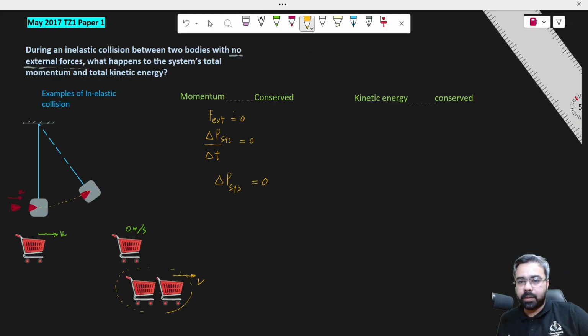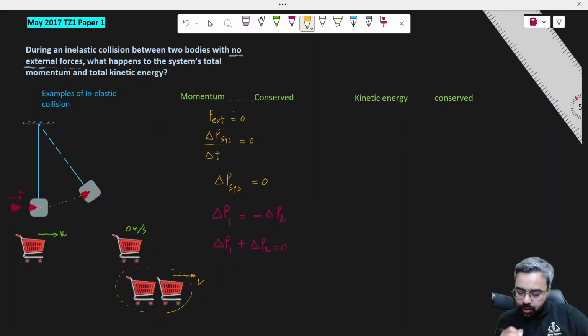So if the change of momentum of the system is zero, it means that the change of momentum of car 1 is equal to the negative of the change of momentum of car 2. Or in other words, dear students, you can say the sum of the changes of momentum of both cars is zero. So the only conclusion that we can draw from this is that the changes of momentum of both cars are equal in magnitude and opposite in direction.